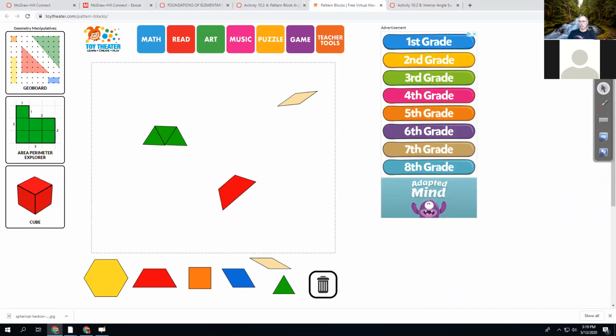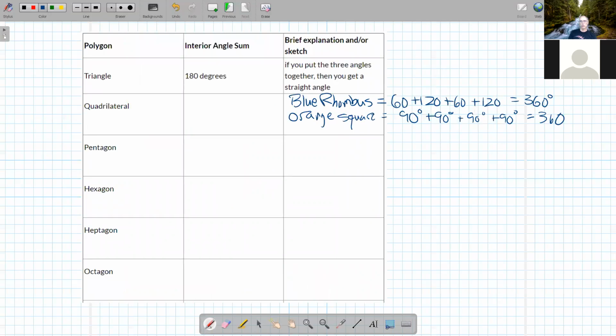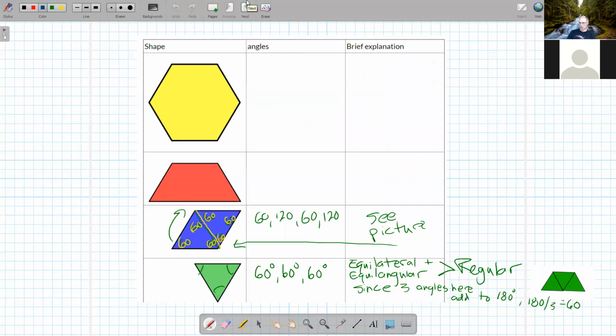So let's add that to my notes. So red trapezoid. Moving around that one, if we start with one of the acute angles, we get 60 plus 120 plus 120 plus 60 as we work our way around. So just double check back here.